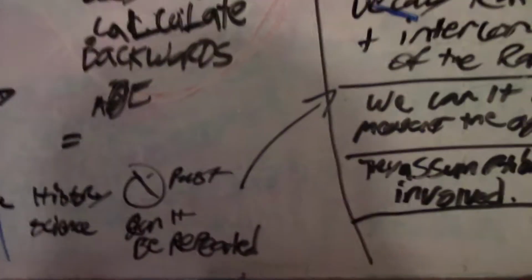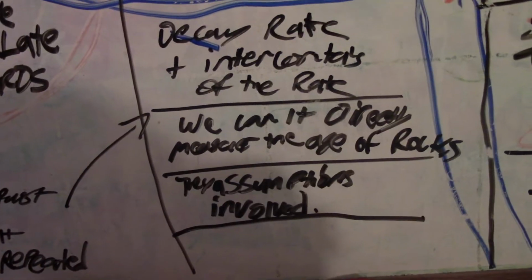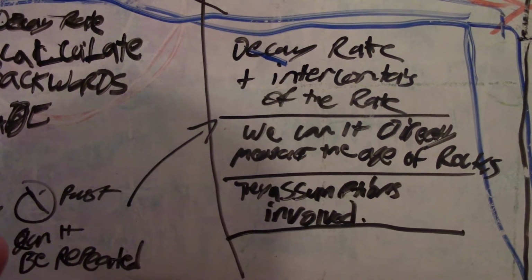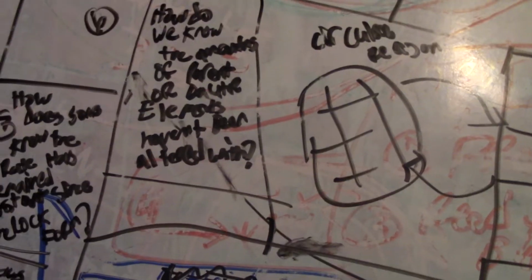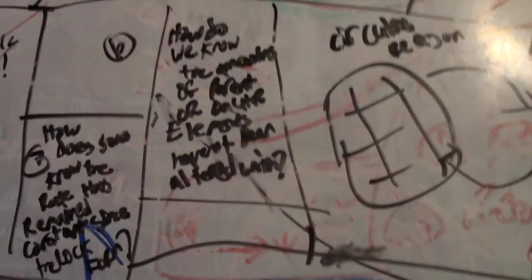You can't repeat historical science. So you have to make intelligent assumptions, but we cannot measure directly what the decay rate was. So there are assumptions involved. How do we know that the parent or daughter elements haven't been altered over time in the past, like in igneous rocks, fossils, etc.?